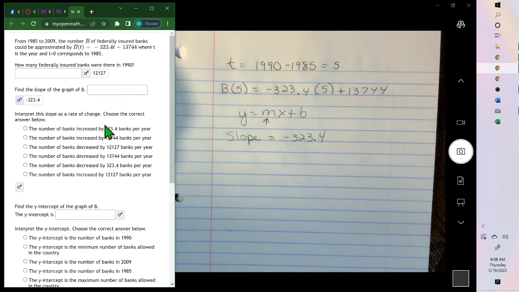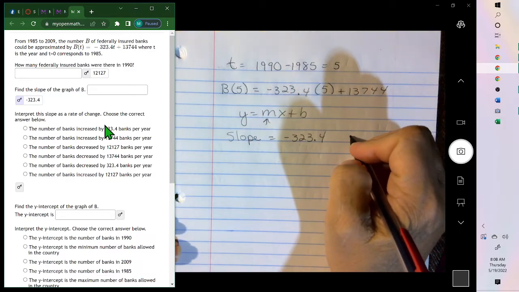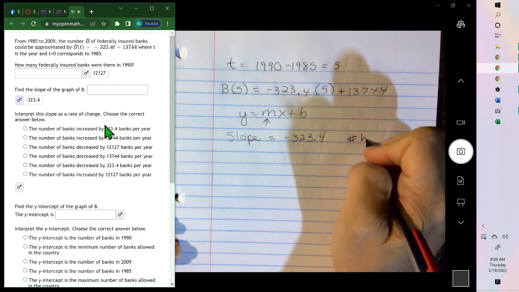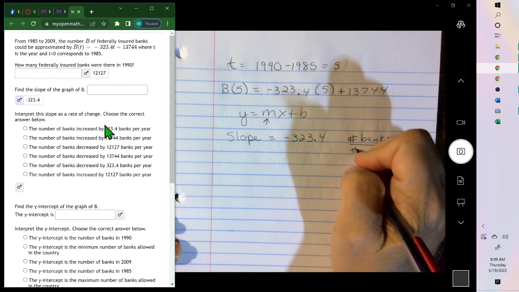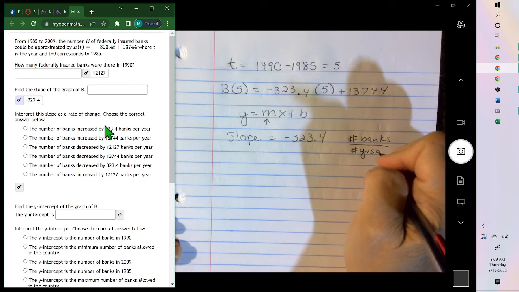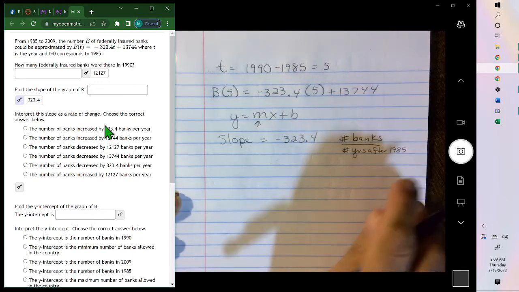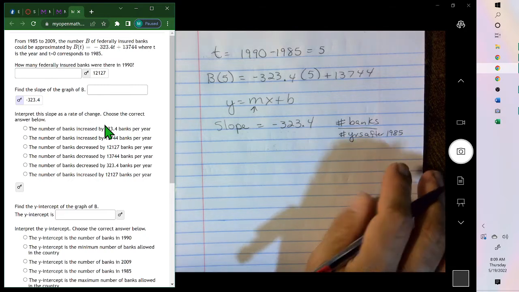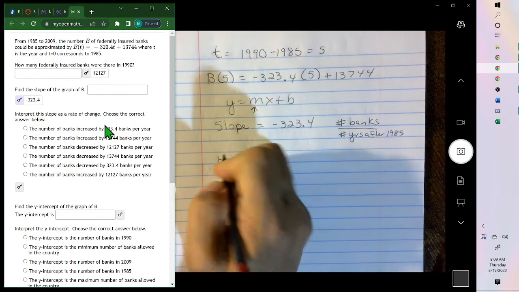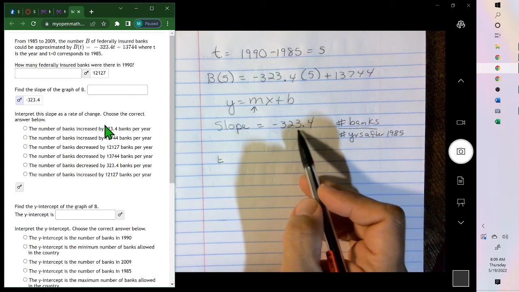To interpret the slope, remember it's change in y, and y is the number of banks. And x is the number of years after 1985. Each additional year, the number of banks decreases by 323.